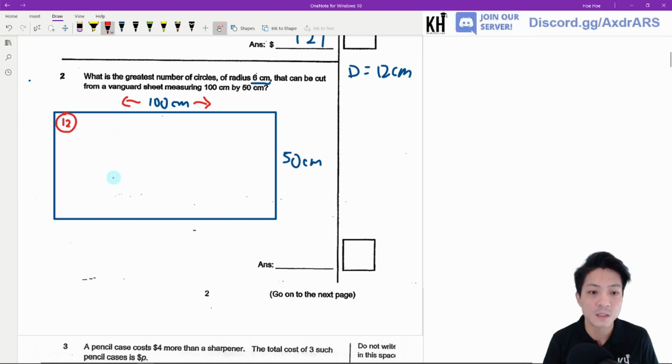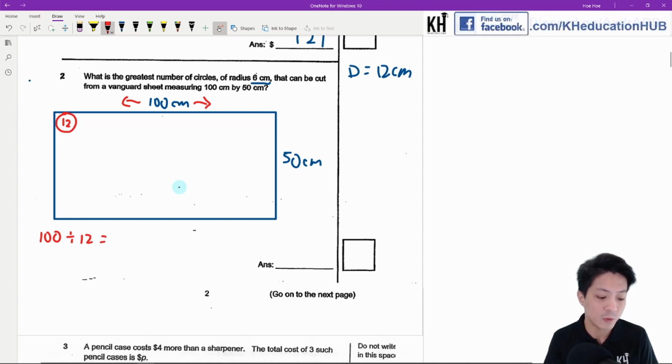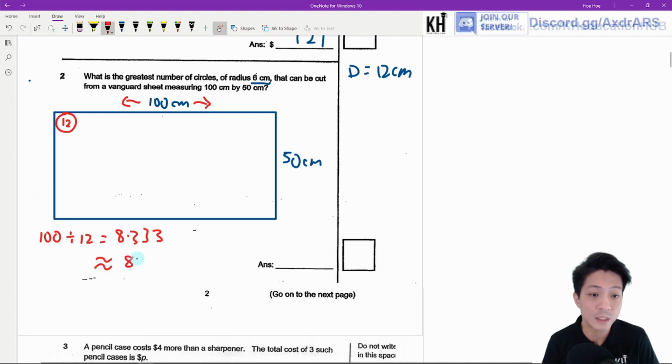The first step is 100 divided by 12, which will give me 8.333, and if we round it down, it will be 8. Which means that across the length, I can only fit 8 circles.